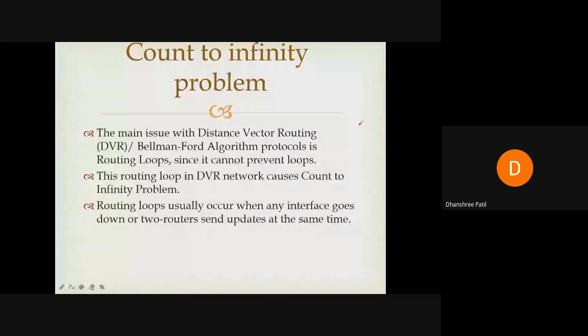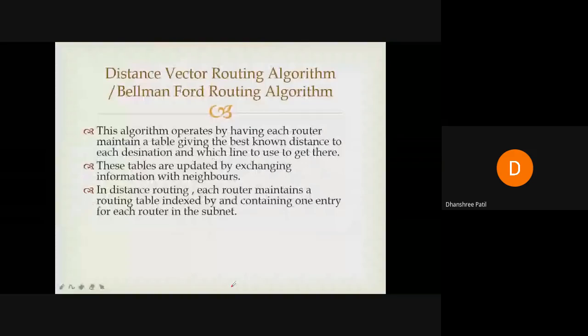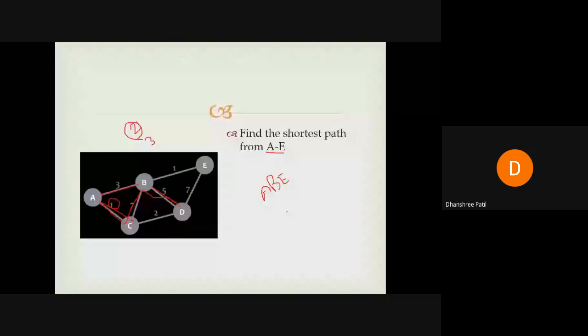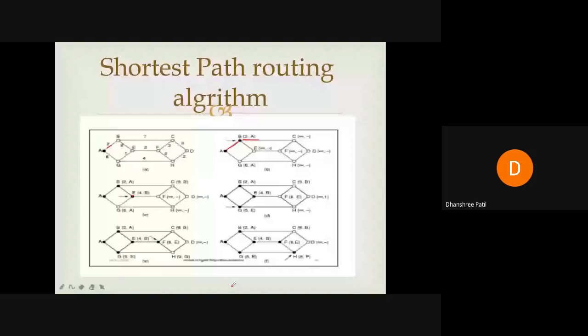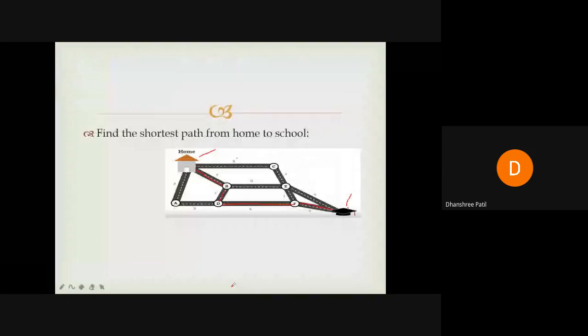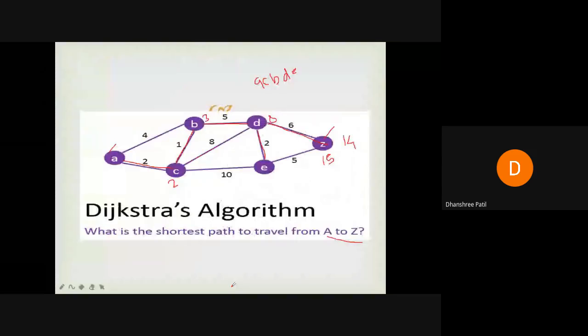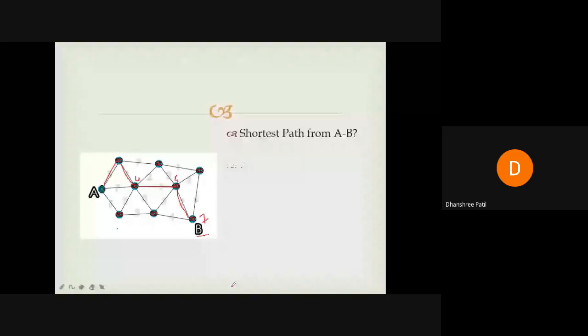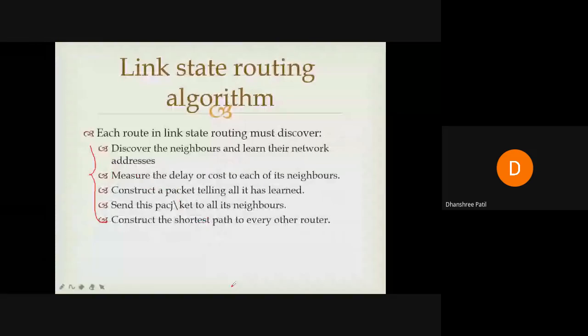So in the last lecture, we have seen some of the algorithms from chapter number 6. That was the shortest path routing algorithm. We have seen the examples of it, how to find the shortest path from source to the destination. Then we have seen the next algorithm, the link state routing algorithm, which happens by using these five steps.